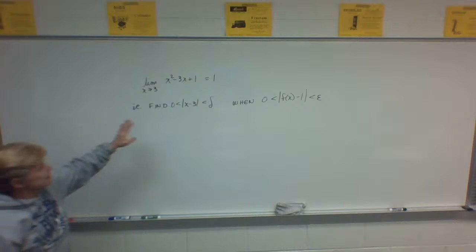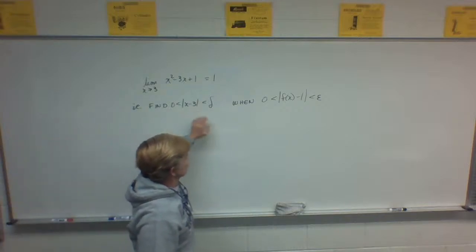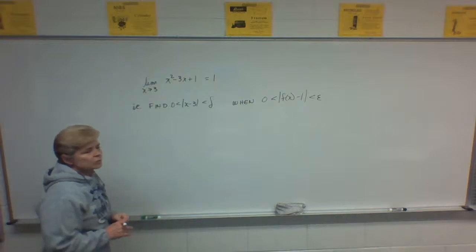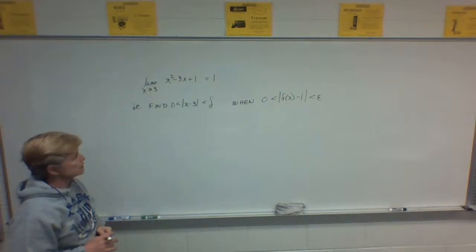We're saying find a delta so that this will be true if this is true for this size epsilon. Delta will be in terms of epsilon when we're done. So that's how you start out.